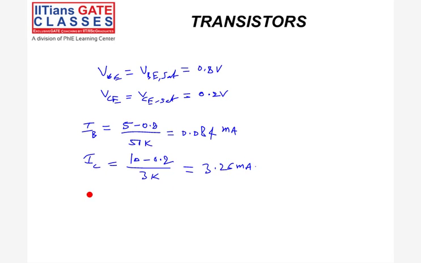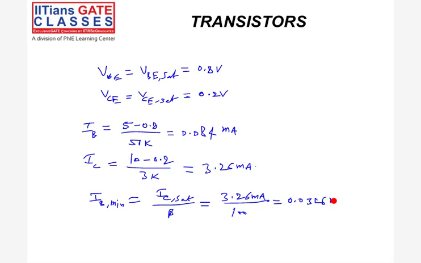Now, third point, I'll find IB minimum. IB minimum, I'll calculate from IC saturation. That is IC saturation divided by beta. IC saturation is 3.26 milliamps divided by 100. So how much I'll get? 0.0326 milliamps.